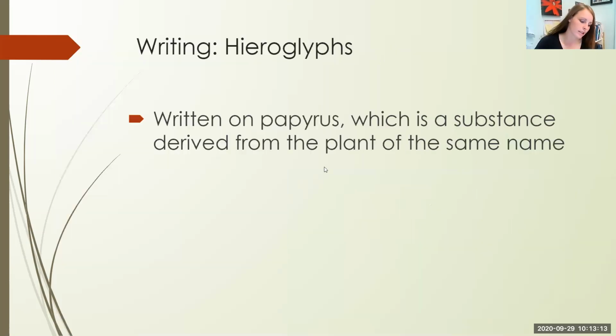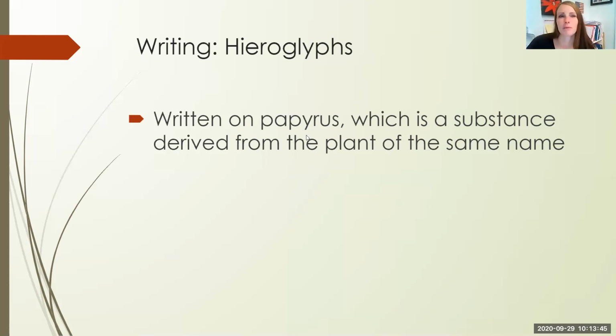So their writing. Egyptian writing is called hieroglyphs. It was written on papyrus, which is a substance derived from the plant of the same name. Basically it comes from the papyrus plant, and they make paper, hence we get the word paper from this word, papyrus, but they just kind of molded it eventually to what we call it today, paper.